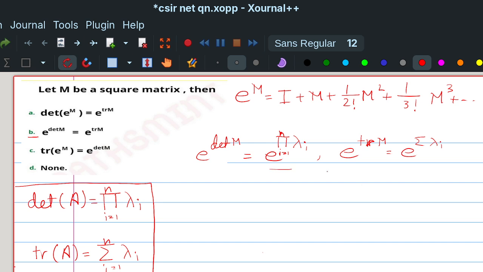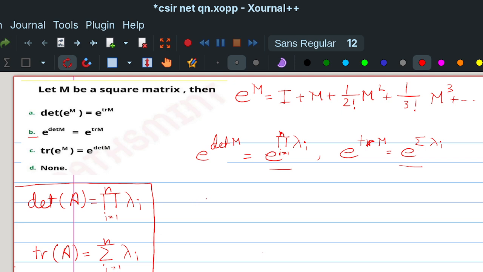And these two are not necessarily equal. But since I have already told you that I will discard this option by taking some counterexample, there is another approach also, which is kind of easier.